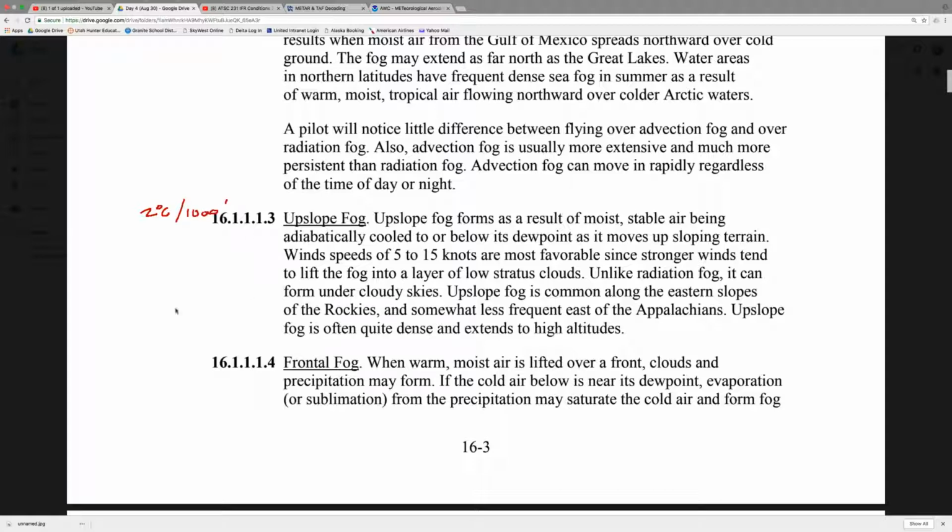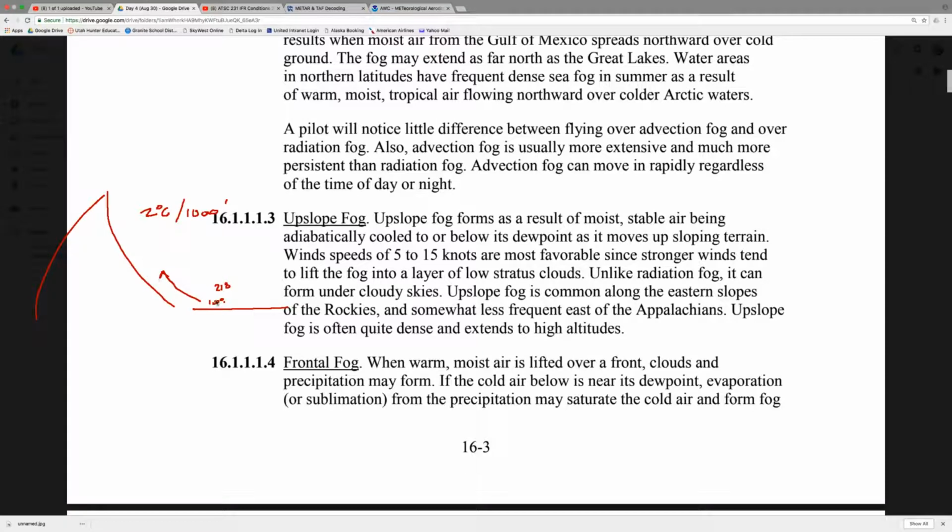Okay, so as it's moving up this mountain face, the dew point may be 10 degrees Celsius down here in the valley, and the temperature may be like 21 degrees Celsius. So temperature 21, dew point 10.